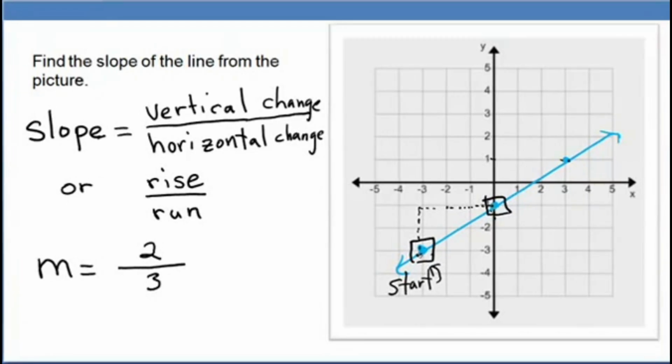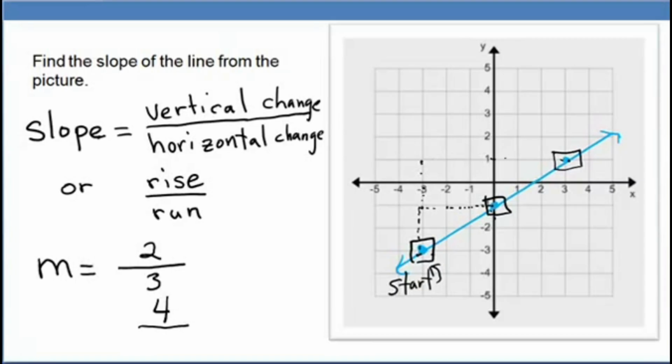Let's have a look if we had chosen the points farther apart. So we'll test that. If we started at the original one we used before, but we move up to this one, we would have to move up 1, 2, 3, 4 spaces.